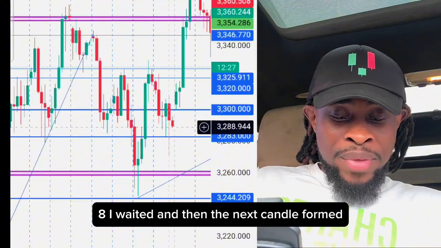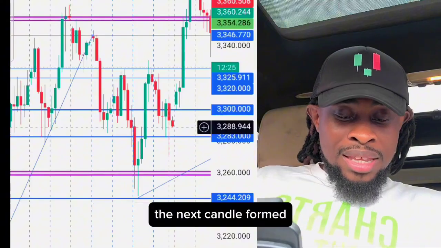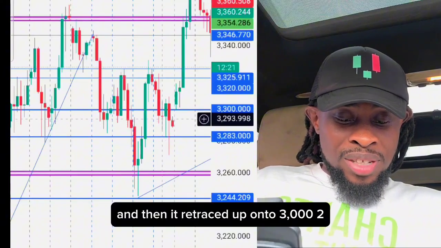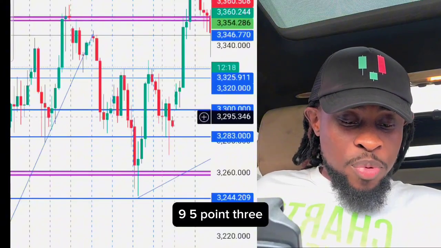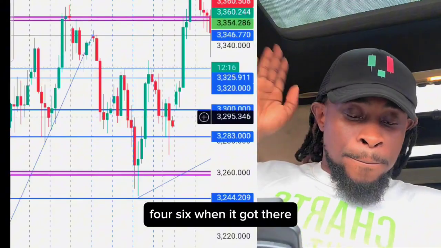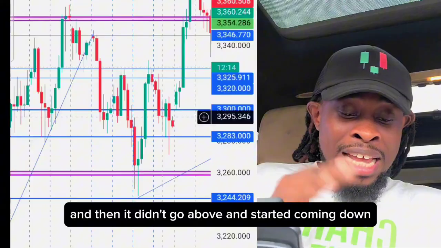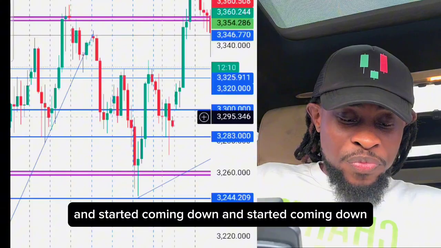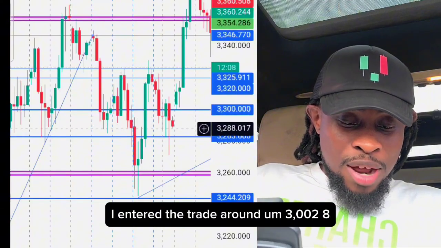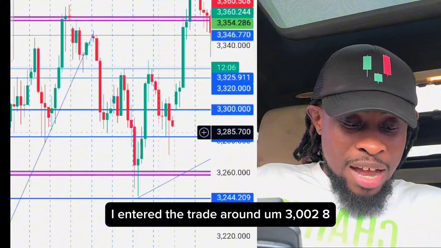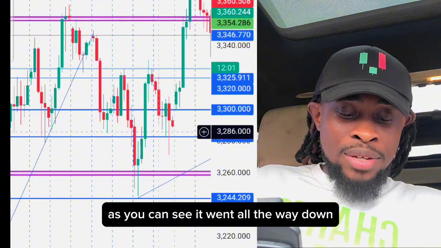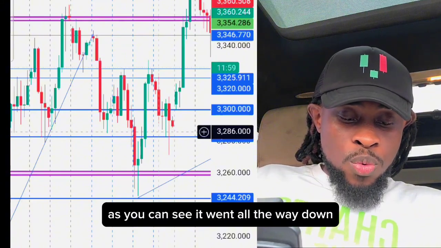I waited, and then the next candle formed and retraced up to 3,295.346. When it got there and didn't go above and started coming down, I entered the trade around 3,286.00. And as you can see, it went all the way down.